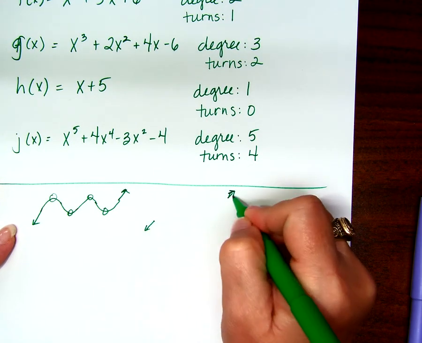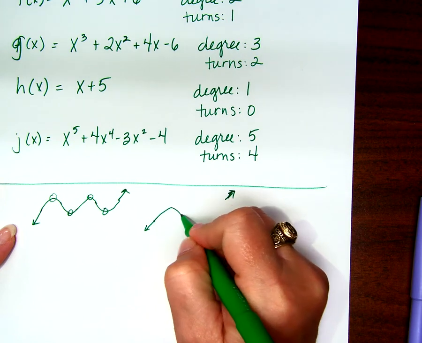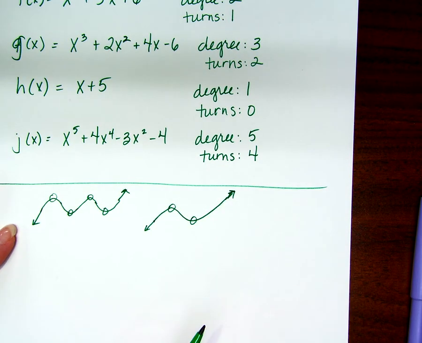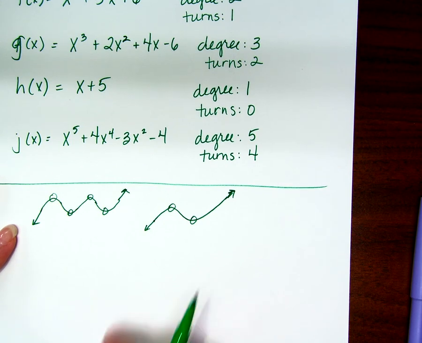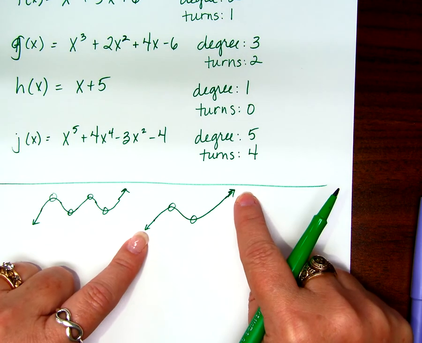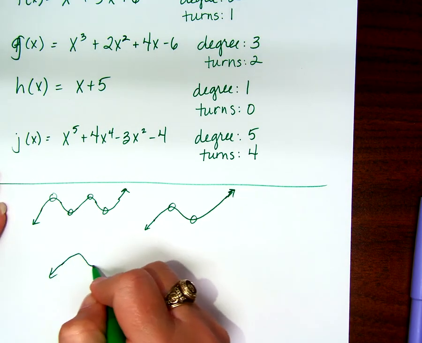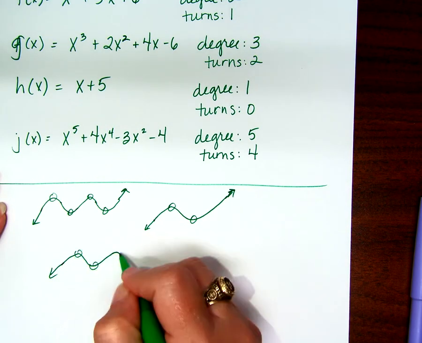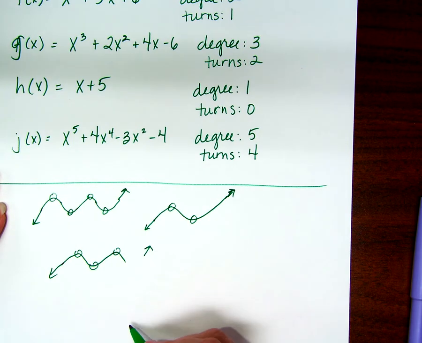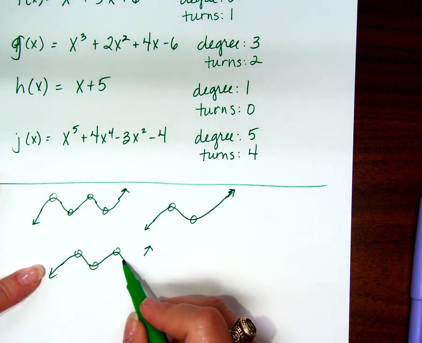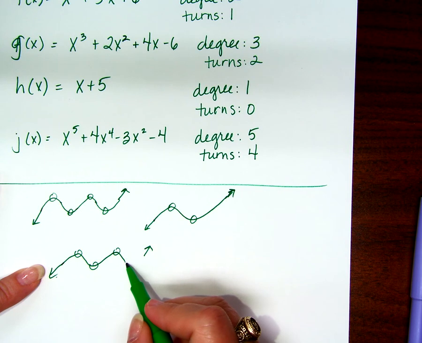But couldn't there also just be 2? Doesn't that fall left and rise to the right? Could there be 3? 1, 2, 3. To fall left and rise right? No, right? Because I would have to get back up there, and that would add another turn.